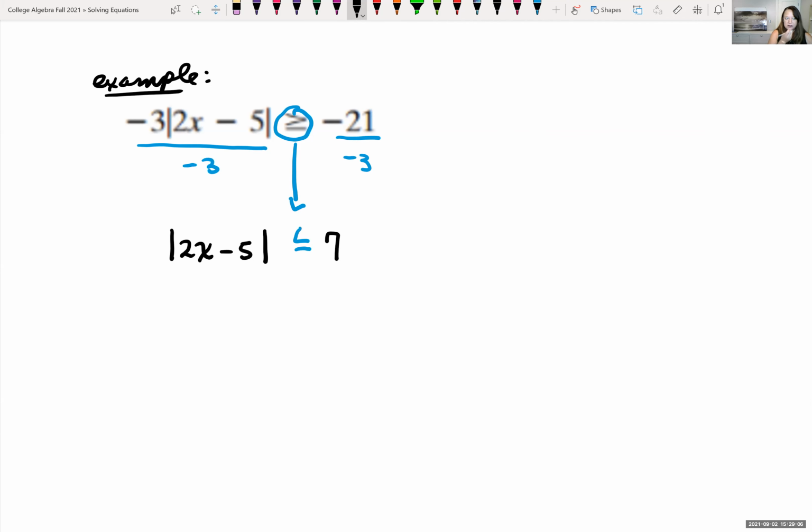Okay, so now I determine how I'm going to drop the absolute value. Less than or equal to, we sandwich it. So this would be -7 is less than or equal to what's inside, 2x minus 5, is less than or equal to 7.